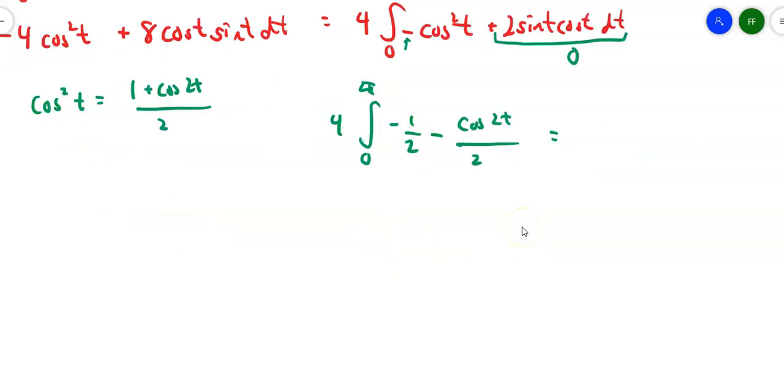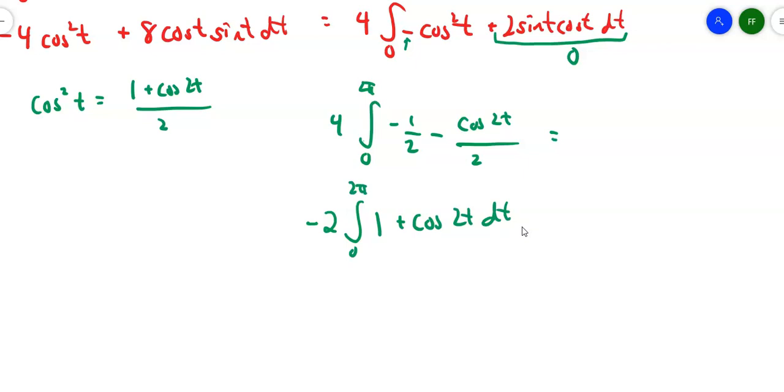Right, from here it might be nice to take out that 2 that's on the bottom. So 4 divided by 2 is 2. And why not pull out a negative, actually? So this will give me a negative 2 on the outside, integral of 1 plus cosine 2t, integrate it from 0 to 2 pi, right?